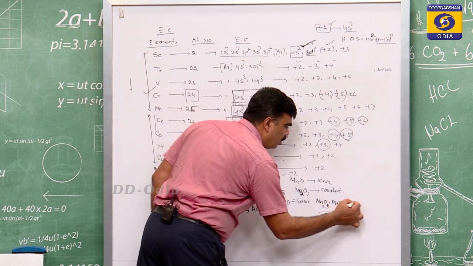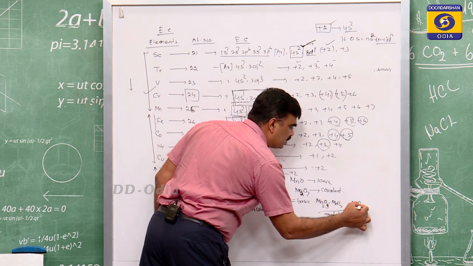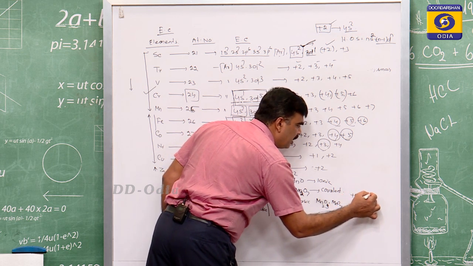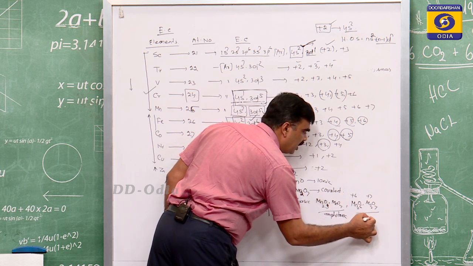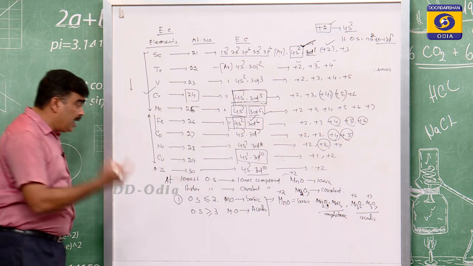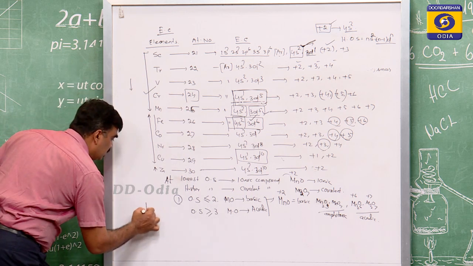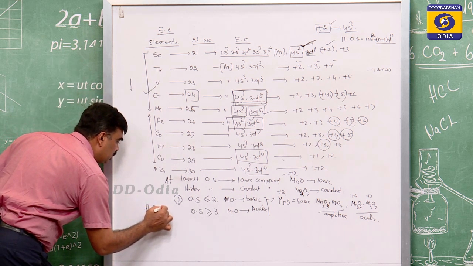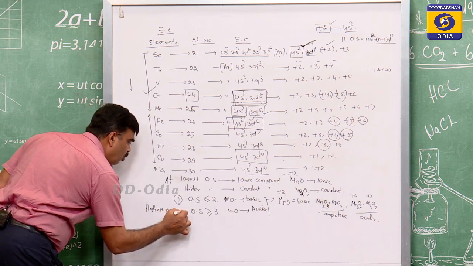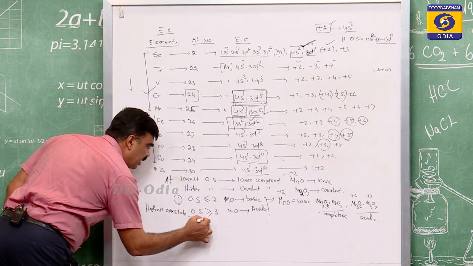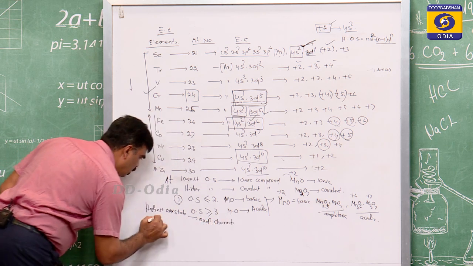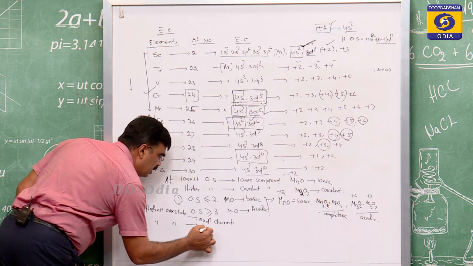But if you go to higher states, Mn2O7, here the oxidation state is +6, +7, so they are acidic. So with the increase in oxidation state, acidic character increases. And at the highest oxidation state, one element shows oxidizing character, and at the lowest oxidation state, one shows reducing character.